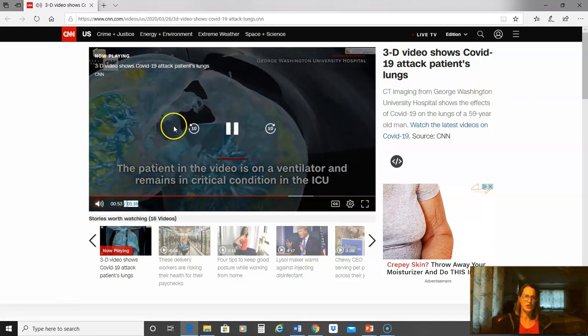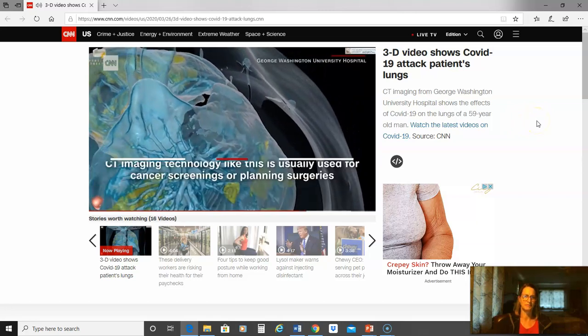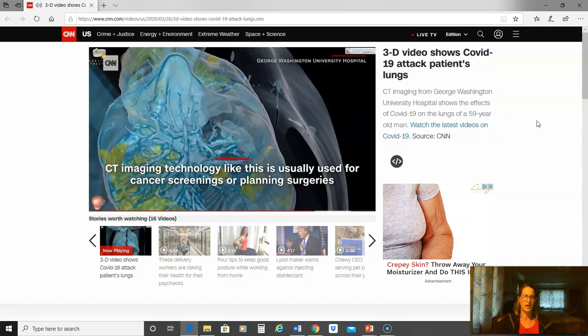Some cool things, you can see the trachea here, and you can see the alveoli and the bronchi. All the bronchioles.